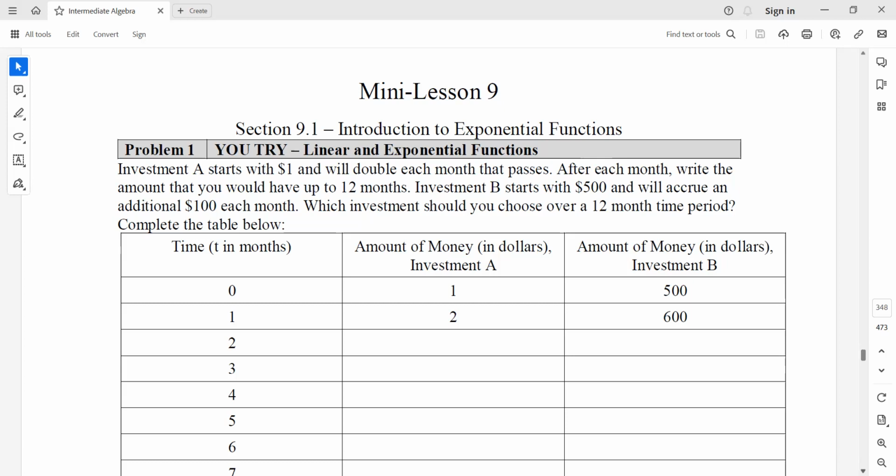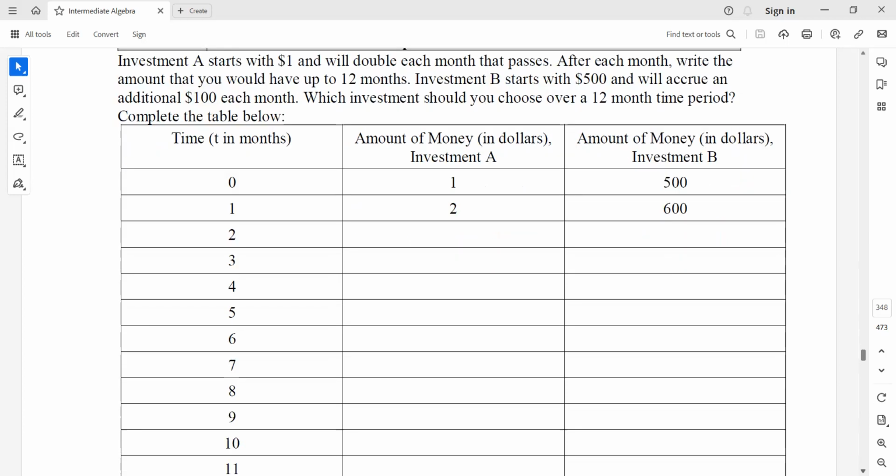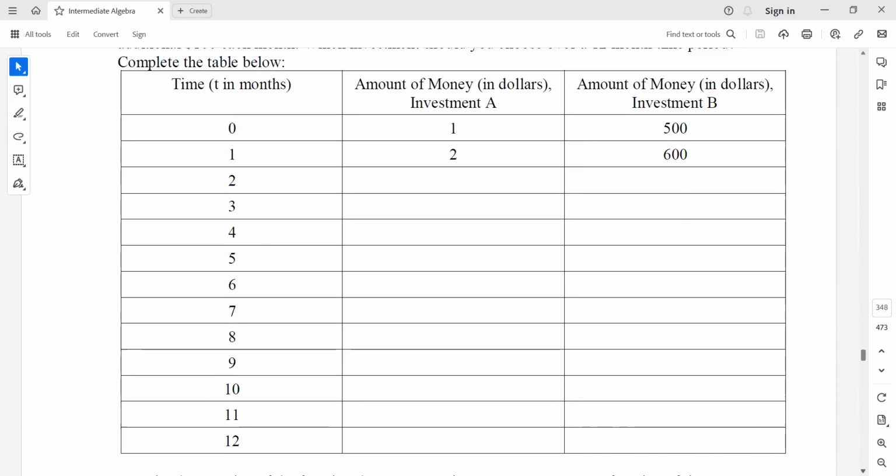So as you think about this, for these kind of situations, especially as we start, you have to analyze both situations, both investments, carefully. So for investment B, you start with 500 and each month is going to increase.